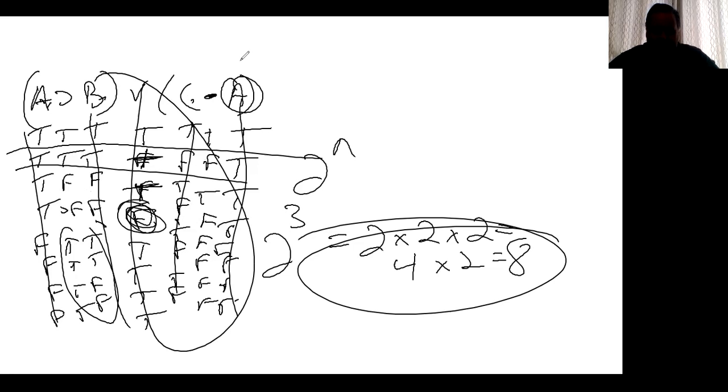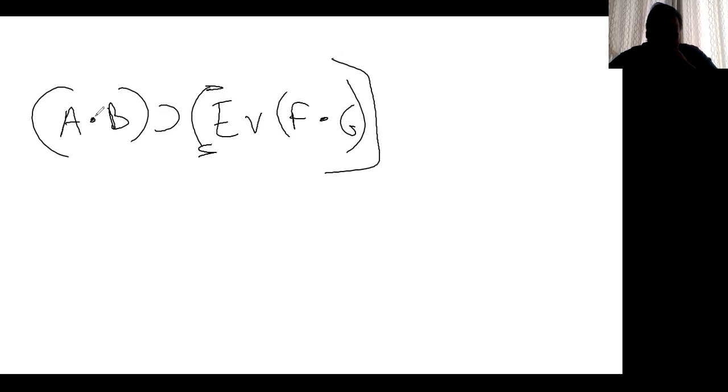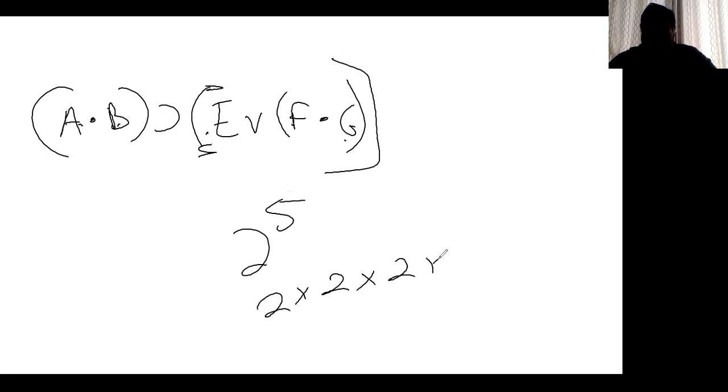Now, suppose you have something like A dot B, horseshoe, brackets, E wedge F, dot G, and something like that. We now have 1, 2, 3, 4, 5 letters, so 2 to the power of 5. That's 2 times 2 times 2 times 2 times 2, which equals 32.